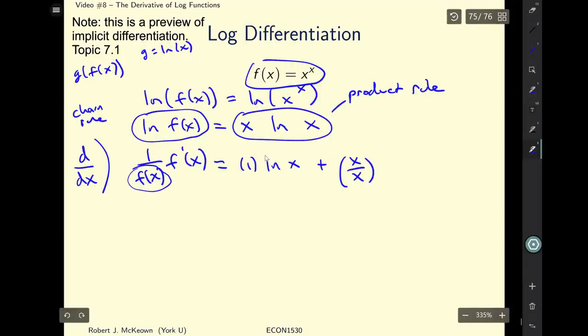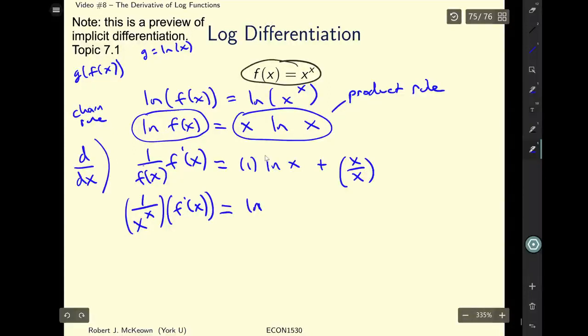I know that this thing here is equal to this thing here. And so I'm going to replace the left-hand side like so. And over here I've got log x plus 1.